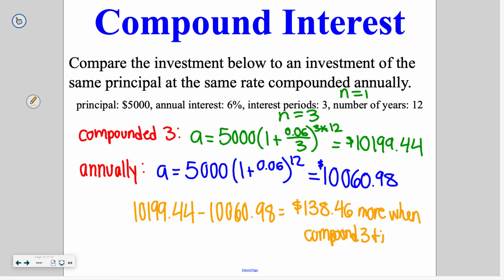So that means if the bank pays out the interest 3 times per year instead of just once, you're going to end up with $138.46 more than if they just paid you interest once.